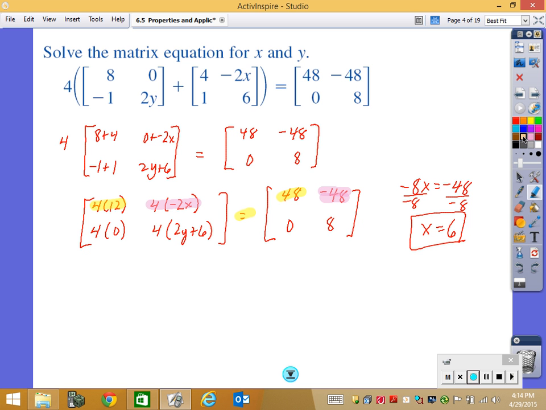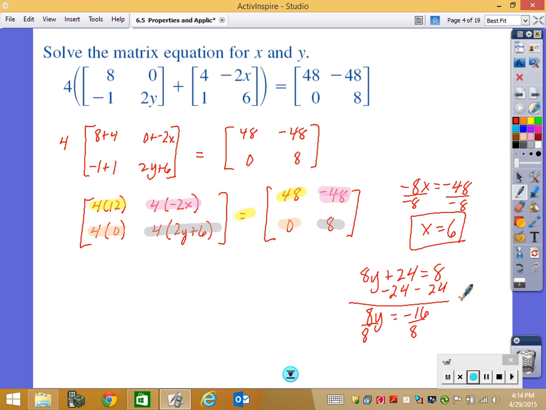And then 0 equals 0. 8y plus 24 equals 8. Subtract 24, that's -16, divided by 8, y equals a negative 2.